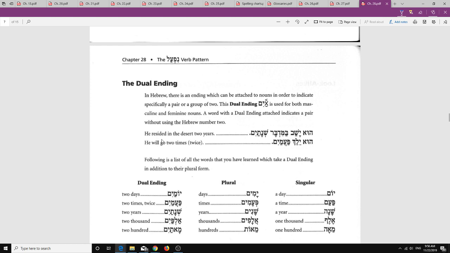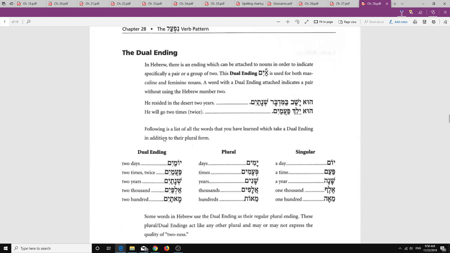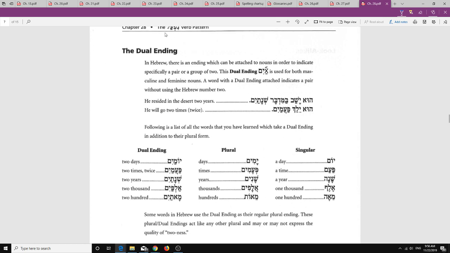Finally, last part of this chapter, we've already talked about this a long time ago. I actually brought it up when we were talking about singular and plural nouns. So remember, in Hebrew, we talk about person, number, and gender. There are 3 possible numbers: singular, plural, and dual.